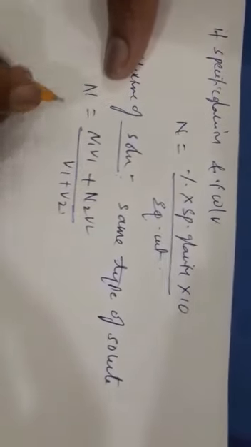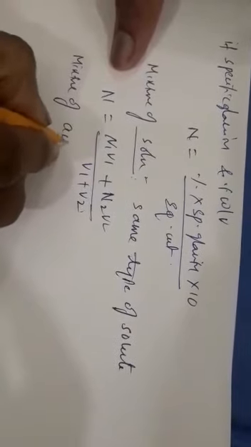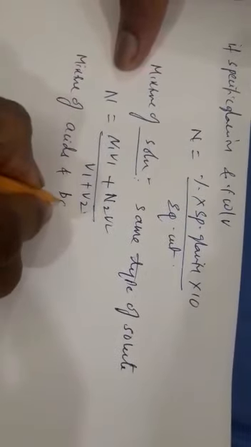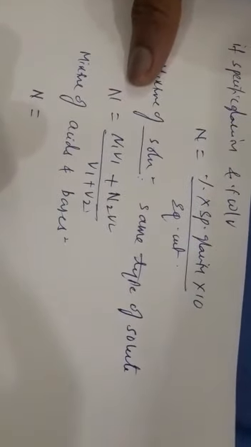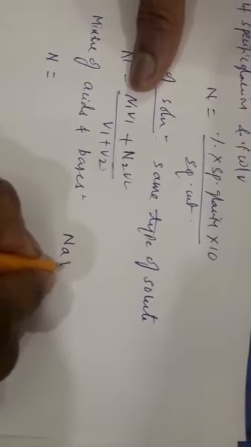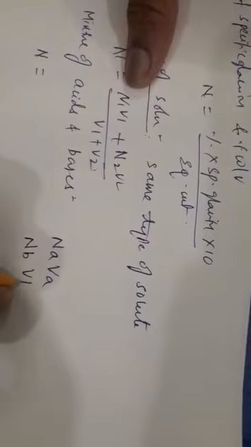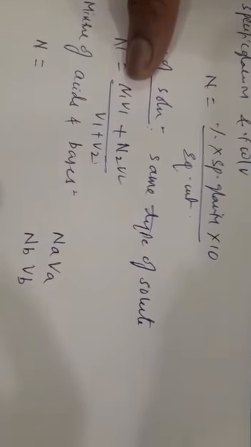Then for a mixture of acids and bases, for example, the normality of acid is Na and the volume of acid is Va, and the normality of base is Nb and the volume of base is Vb.